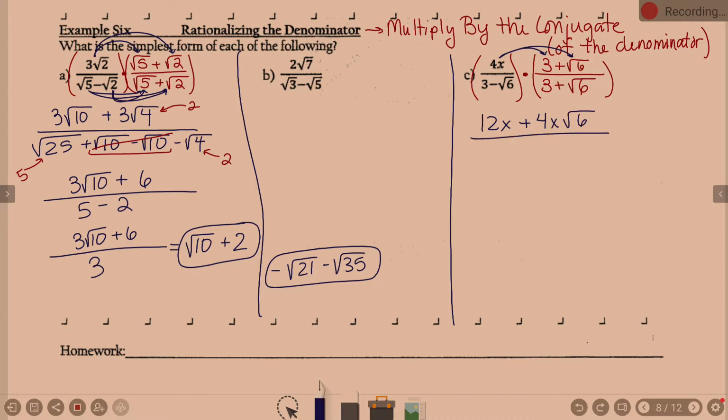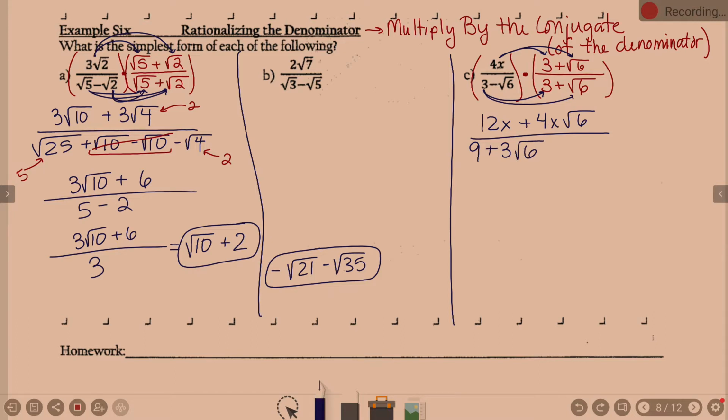All over. Okay, denominator, we need to FOIL or distribute. 3 times 3 is 9. 3 times square root of 6 is 3 square root of 6.